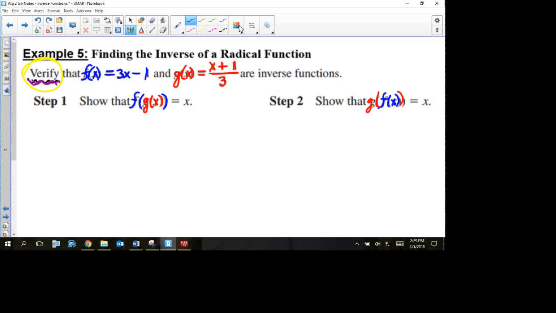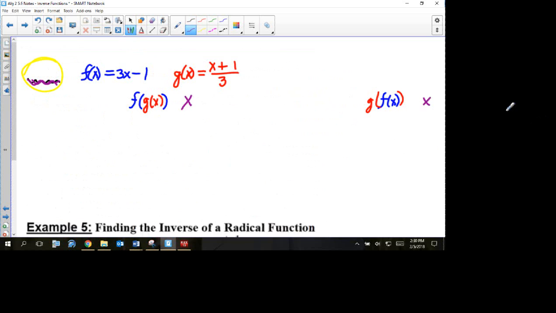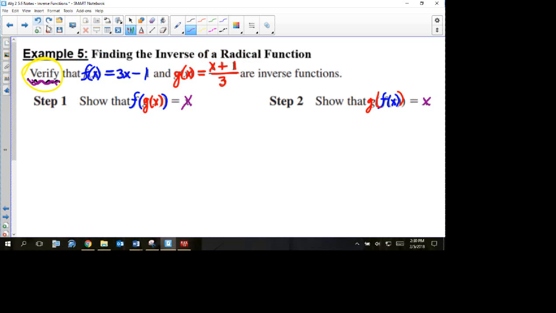If they are inverses, it will equal x when it is done. If it equals anything else, they are not inverses. And then we'll do it a second time over here, where you're going to put the f of x function inside of the g of x function where the x value is. So here we go.